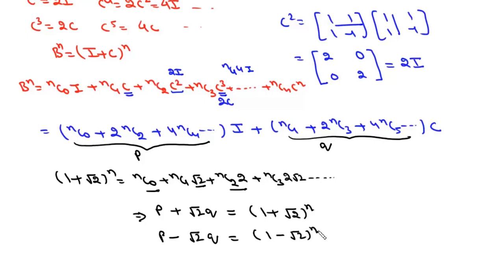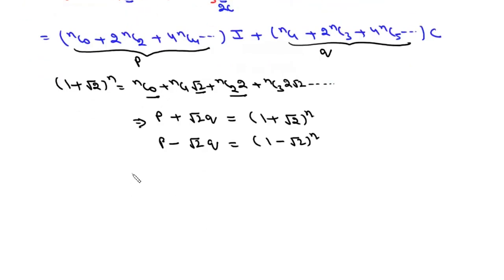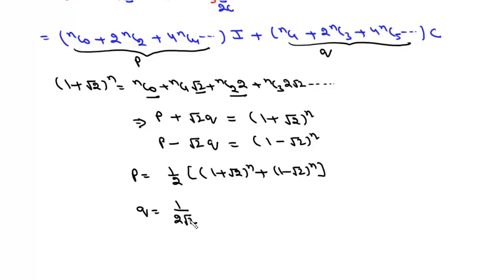Now if we add them, we'll get the value of P. So we'll get this P as 1 by 2 into [(1 plus root 2) to the power n plus (1 minus root 2) to the power n], and if we subtract them, we'll get this Q as 1 upon 2 root 2, and then it'll be (1 plus root 2) to the power n minus (1 minus root 2) to the power n. So now we have worked out the values of P and Q.